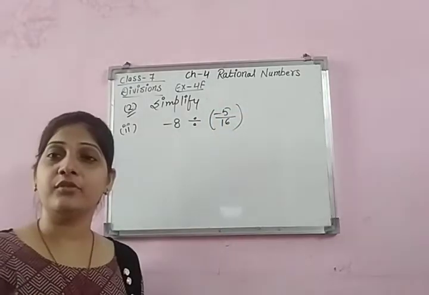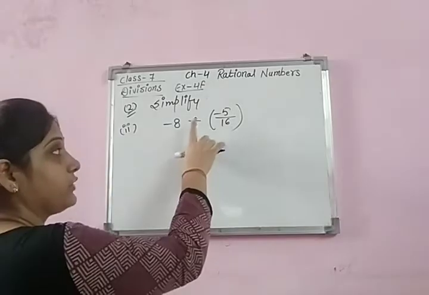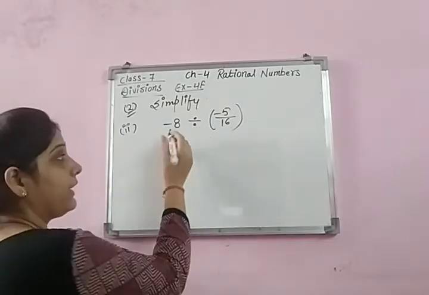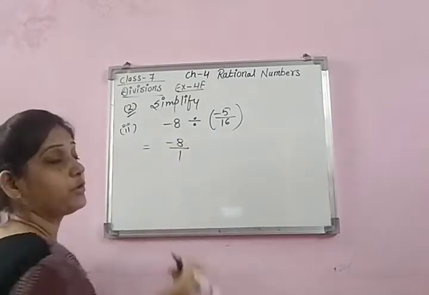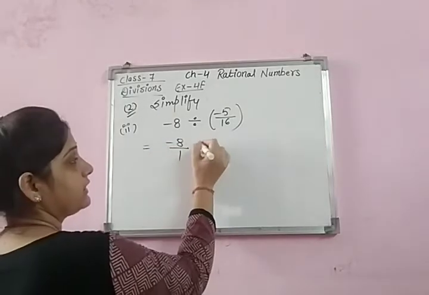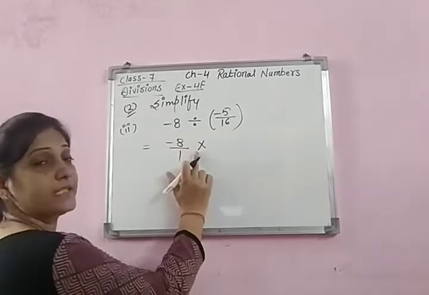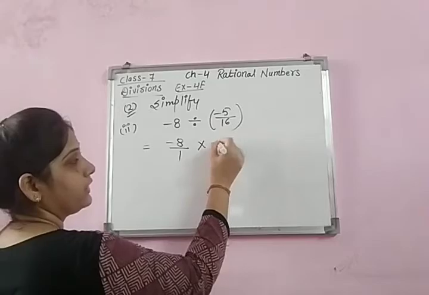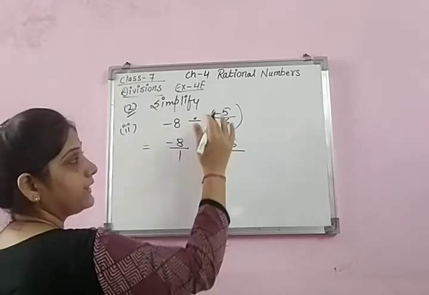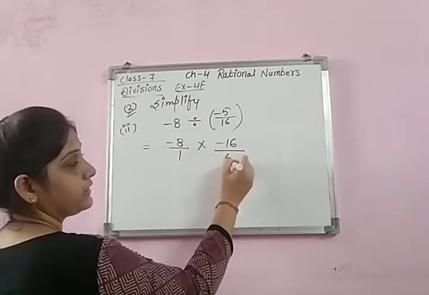Children, as we know, for solving division we have to convert the divide into multiply. So let's write it. This is negative 8/1, if nothing is there in the denominator. Now when we convert this sign into multiply, the second number will get its reciprocal. And try to keep the negative sign in the numerator only.